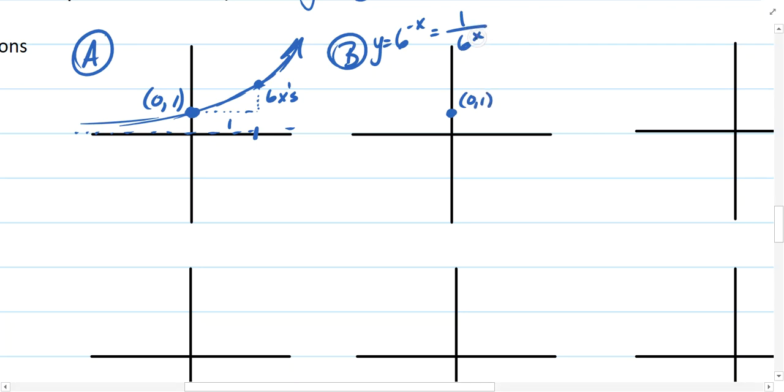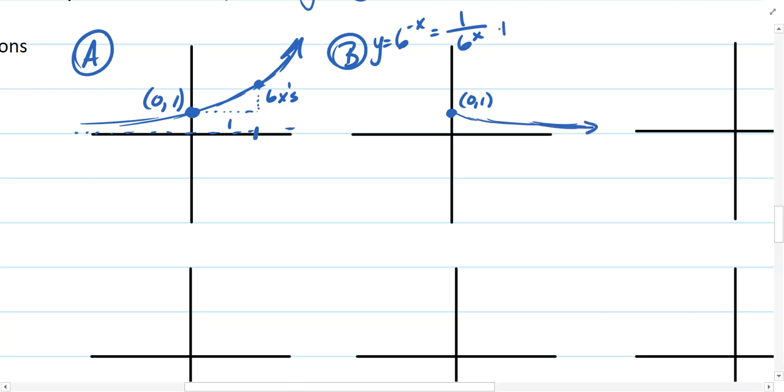But what's going to happen if we start substituting larger and larger values for x? Well, again, this component, 6 to the x power, will get larger and larger, but when a number 1 is being divided by a large number and gets progressively larger, then our calculated result tends towards 0. So this thing's leveling off towards 0.